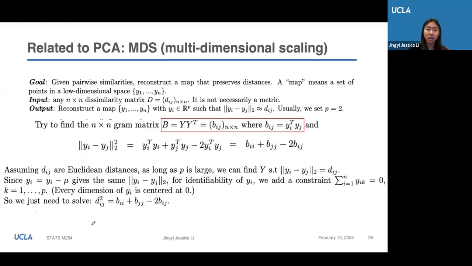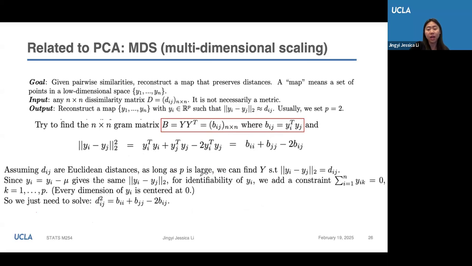Let's see. So we want to use this gram matrix. Then this squared Euclidean distance between yi and yj is just expressed in terms of bii, bjj, and bij. We hope this to be close to dij, the input Euclidean distance, or dij squared.